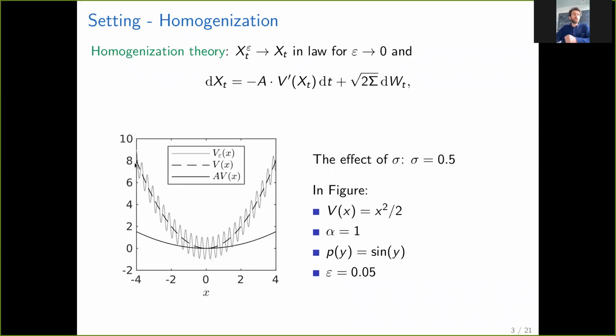This means that if we model our dynamics with a slow scale potential, then you have to take into account the rugosity of the multiscale potential and have a much smaller slope for the potential. If you take sigma bigger, for example, if you double it, sigma equals 1, then we can see that the effective potential is closer to the slow scale component of the multiscale one. And if we take sigma equals 2, then they're almost indistinguishable.